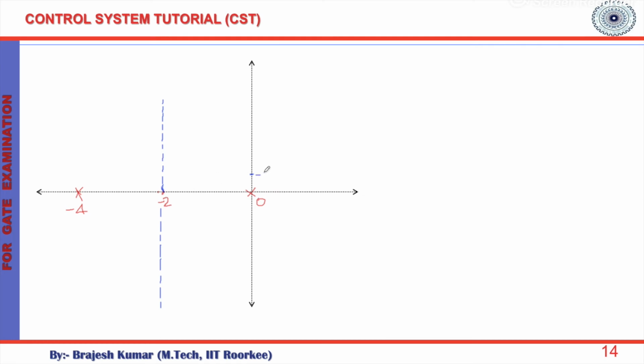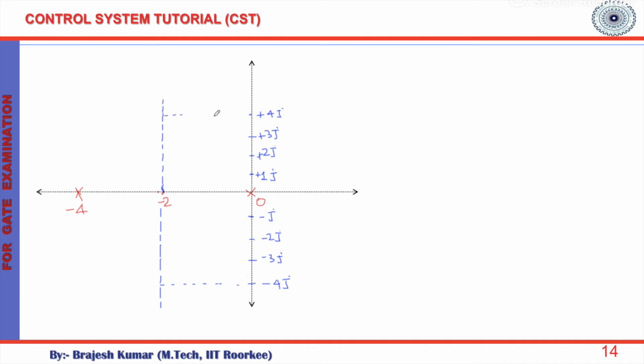So I'm going to mark here plus 1j, plus 2j, here plus 3j, and here plus 4j. Equivalently here it will be -j, -2j, -3j, and -4j.